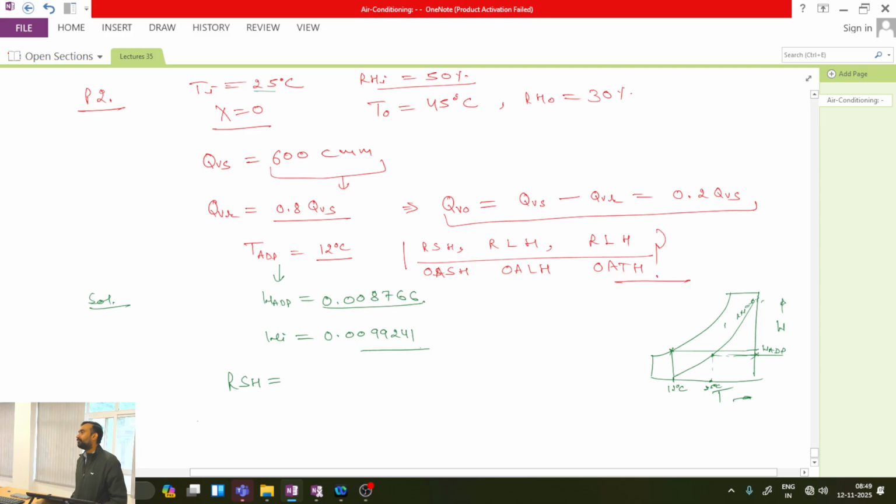127.3 kilowatt. RSH formula. Sahil? RSH.